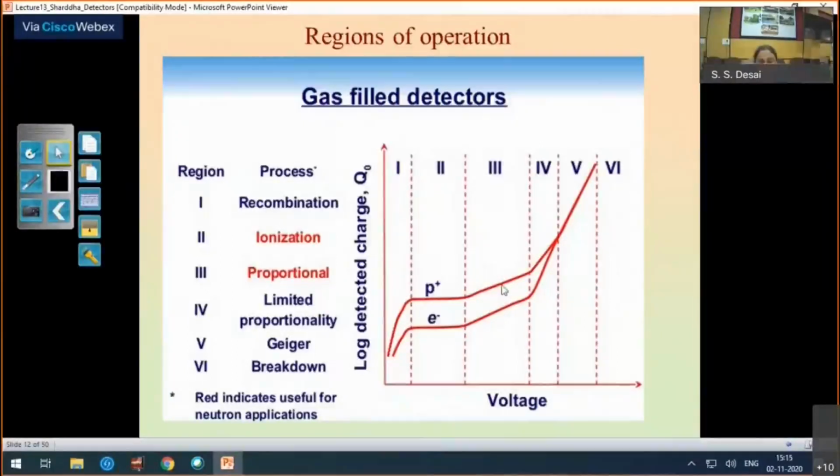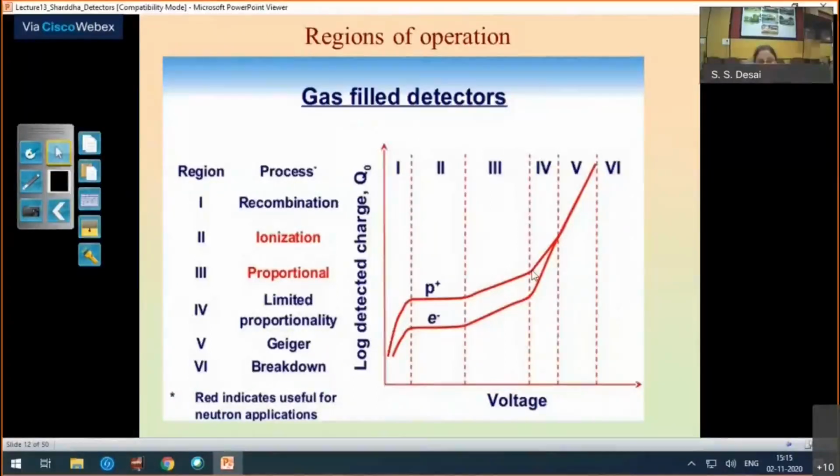So this is called the proportional region. You are still having an amplified pulse, but your amplification has a direct proportion to the incident radiation or the initial charge created in the detector volume. By increasing the voltage, it stays proportional up to a certain region, whereas beyond a certain electric field, your amplification increases so high, the charge cloud is so high, that space charge is created.